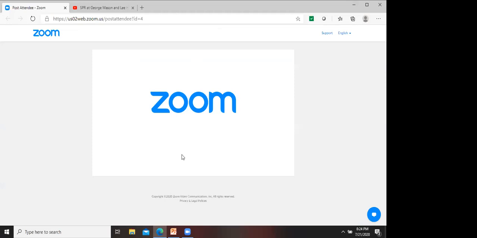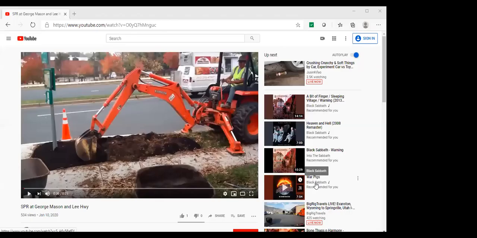Can you see it now? Not yet. No. Click on the other tab, Dan. I'm not sure. What are you seeing out of curiosity? There's two tabs at the top. It says SPR George Mason, has a red dot on it. Okay. Right now we're seeing your Zoom login. All right, let's see. Anything now? No. Well, if you go to YouTube, let me just stop the share right there, and I'll try it one more time. How about now? Yes. Yes.